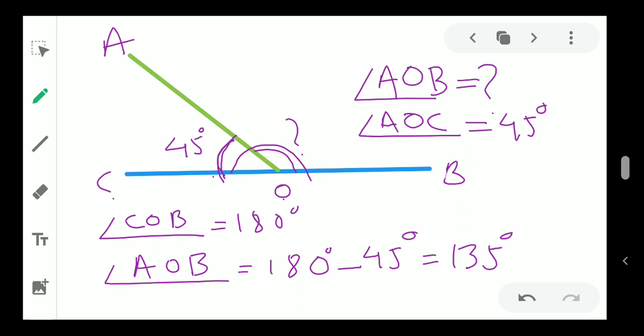That means this angle, this much is 135 degree. So this AOC is my acute angle, because it is smaller than 90, and AOB is bigger than 90, so it is obtuse angle. Okay, so this kind of maths you have to do sometime.